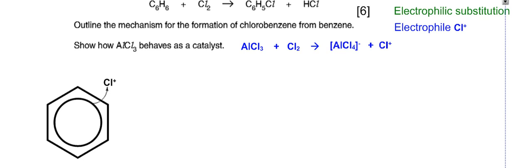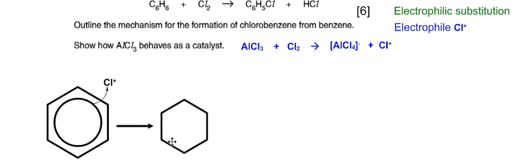In the next stage of our mechanism, we've got to show our intermediate. Now, it's crucial that we draw our intermediate carefully. As a pair of electrons have been donated to our Cl+, our electrophile, how many electrons are left in our delocalized ring, which has now been broken?